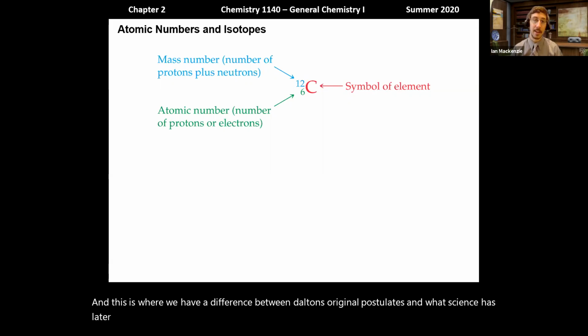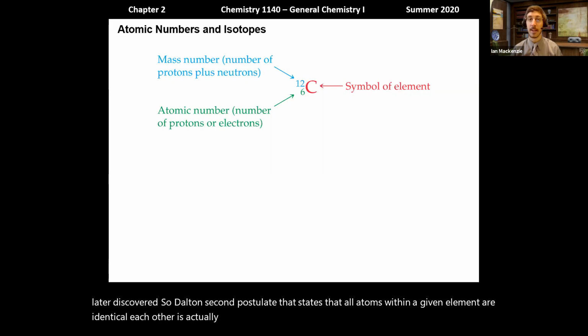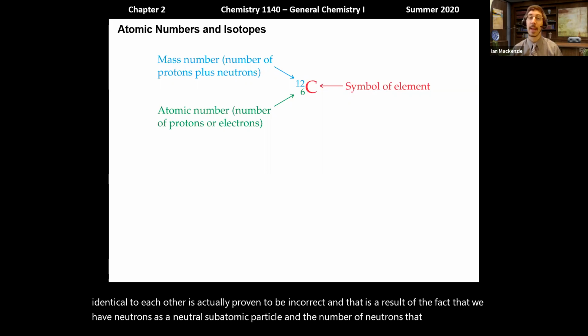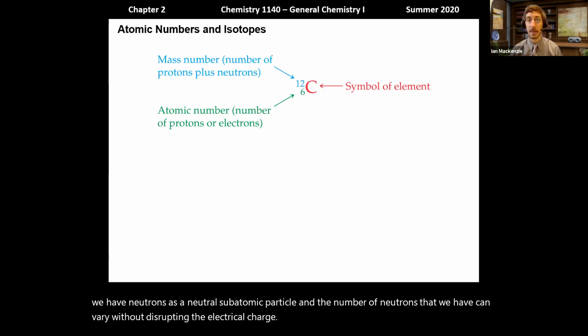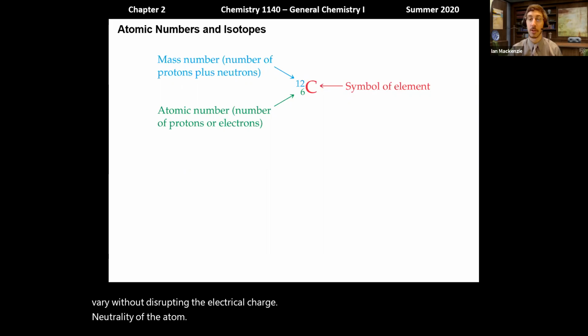So Dalton's second postulate that states that all atoms within a given element are identical to each other is actually proven to be incorrect. And that is a result of the fact that we have neutrons as a neutral subatomic particle. And the number of neutrons that we have can vary without disrupting the electrical charge neutrality of the atom, because neutrons are not charged.